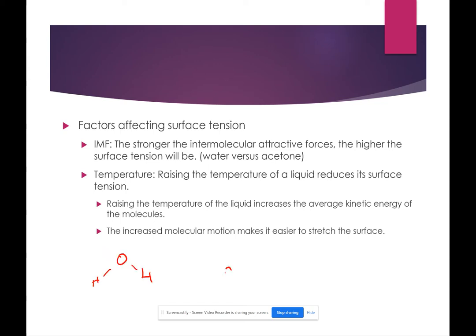Acetone is like this. So water, as we know, hydrogen bonds, big dipole moment. Acetone just has that one little polar part in the middle there. And so acetone would have weaker forces. Acetone would have a lower surface tension.